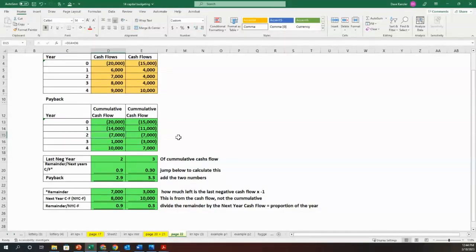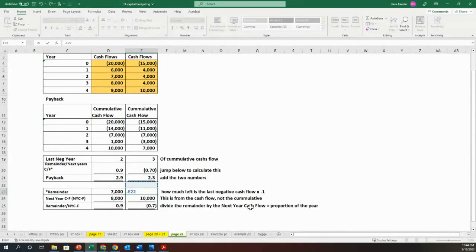So we had $7,000 left to get to that cumulative break even. So it's very simple. It's just minus the last year. It's $7,000 left. In this example, we had $3,000 left to get to that 0 point. So it's just negative 7. We'll do this without colors. Okay, whoops, negative 3. Sorry.